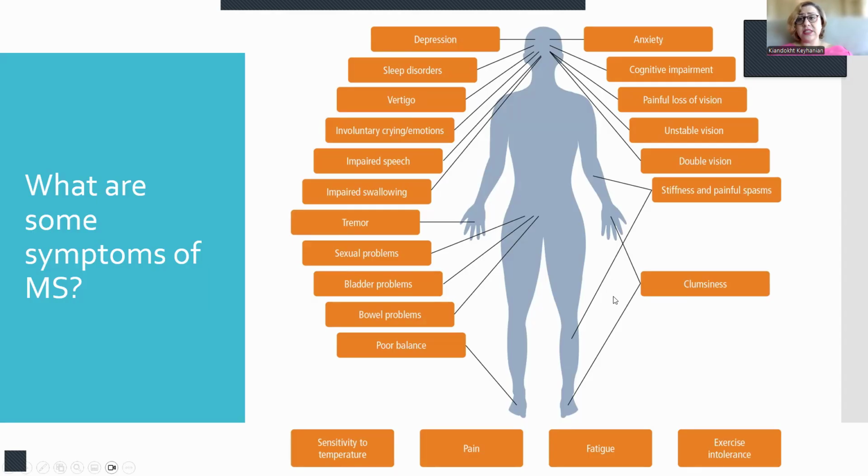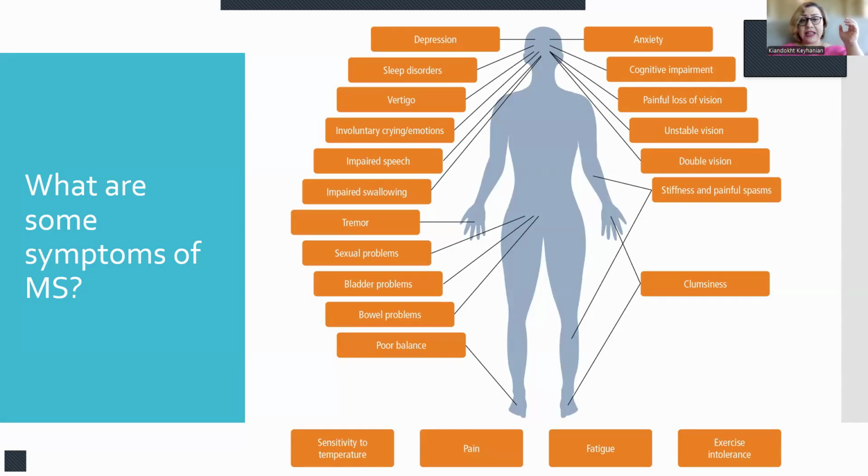The common ones are loss of vision in one eye, or sometimes both eyes, weakness in one arm or leg or both of them, and sensory symptoms like numbness, tingling, or even loss of sensation in arms or legs, or even on your chest and trunk, or around your waist. So a sudden onset of numbness that doesn't go away after 24 hours is another important thing that you have to consider for MS.